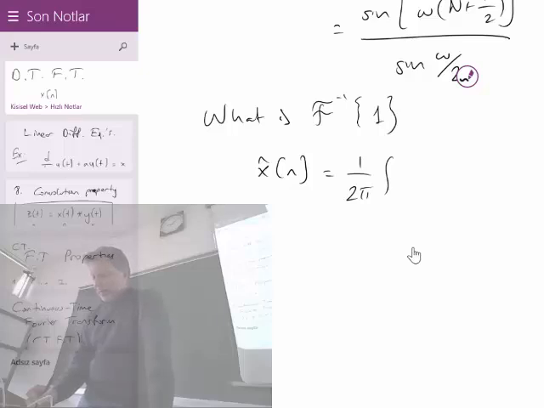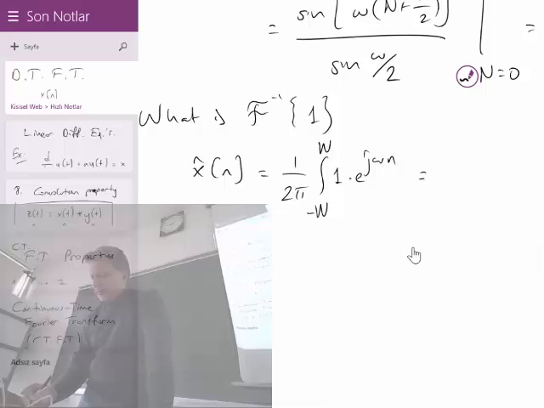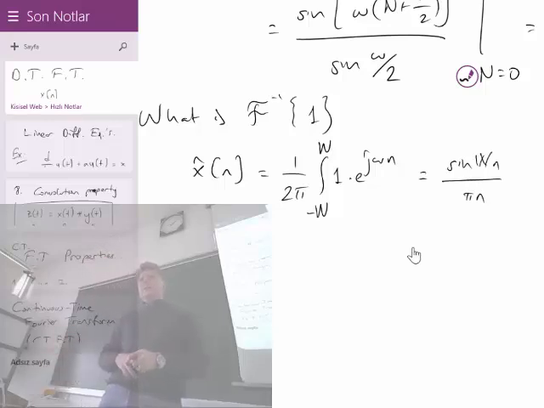From minus somewhere to plus somewhere, it's all ones, e to the j omega n, and if you keep the integration limits flexible like this, you will have sine w n divided by pi n. This is the integral that we will get.